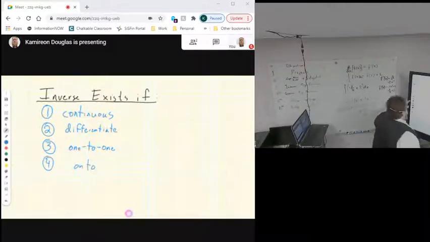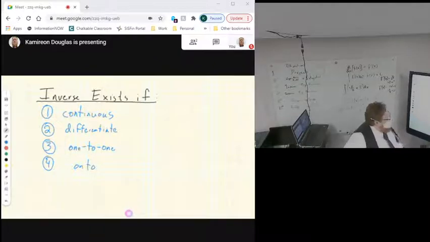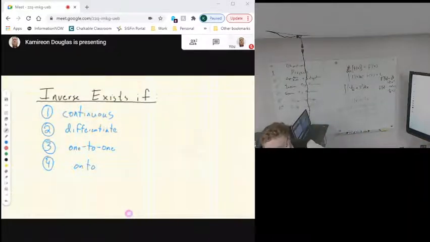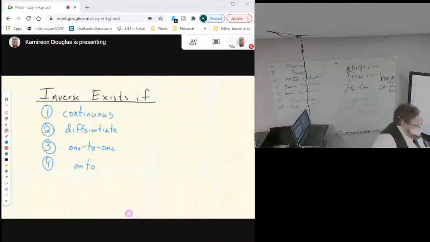Now it's been a little while. We talked about these at the very beginning of the year, so let's remind ourselves. What does one-to-one mean? It passes a horizontal and vertical line test. One-to-one doesn't cross any of the same points.